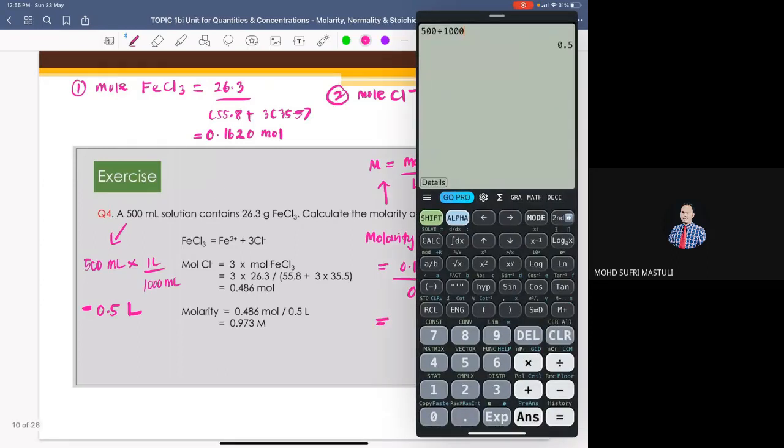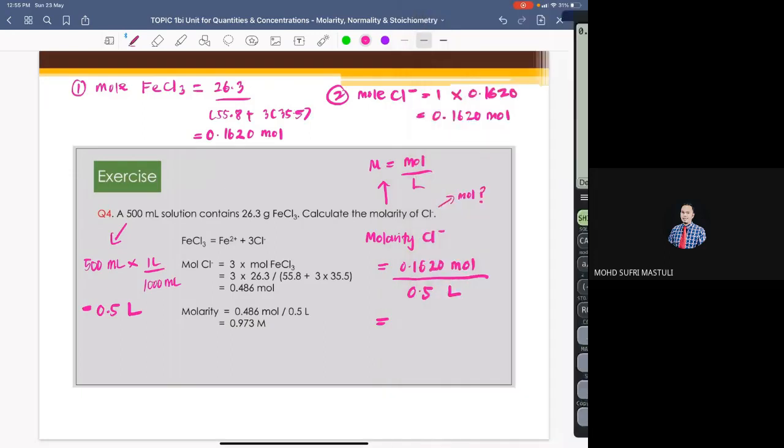So 0.1620 divided by 0.5, you can obtain 0.324.